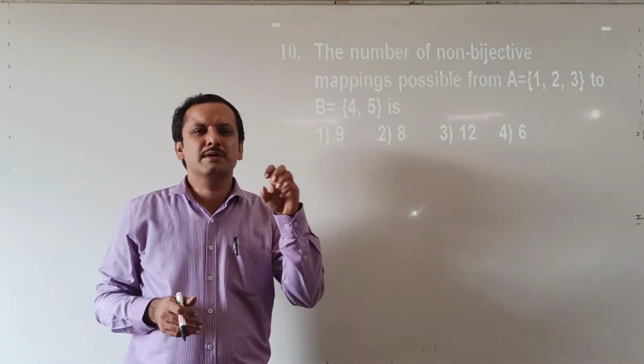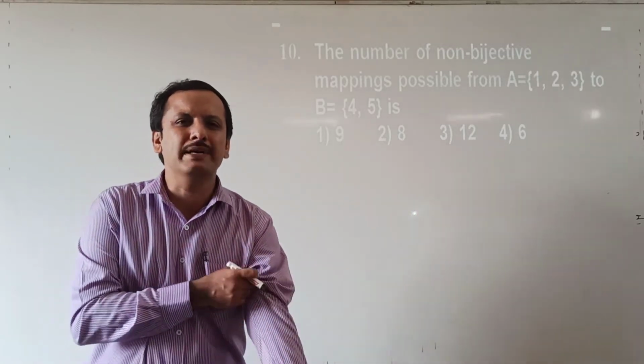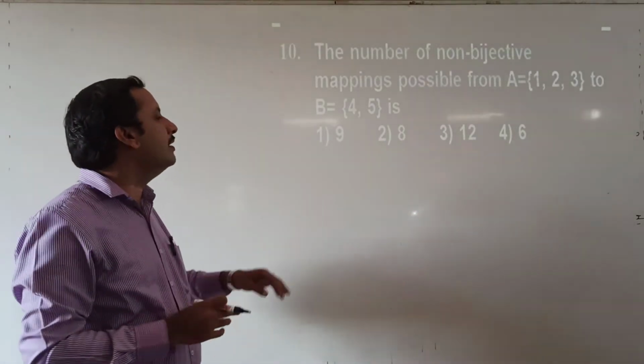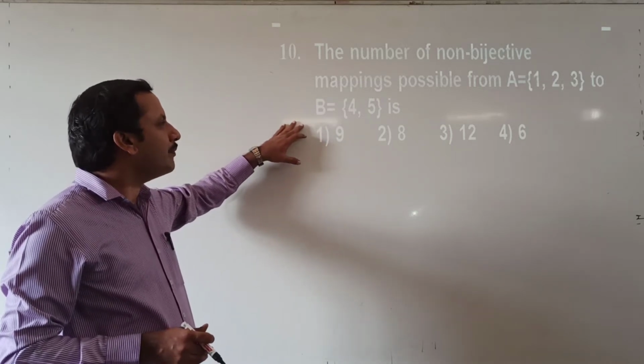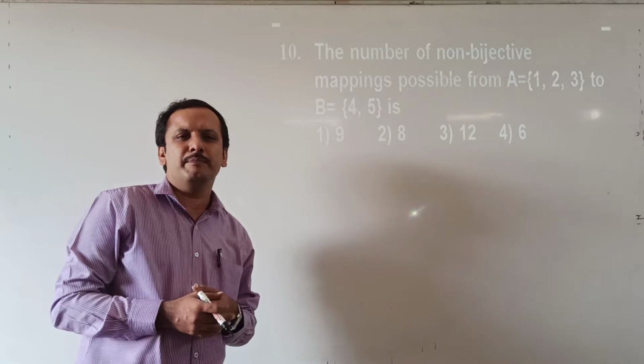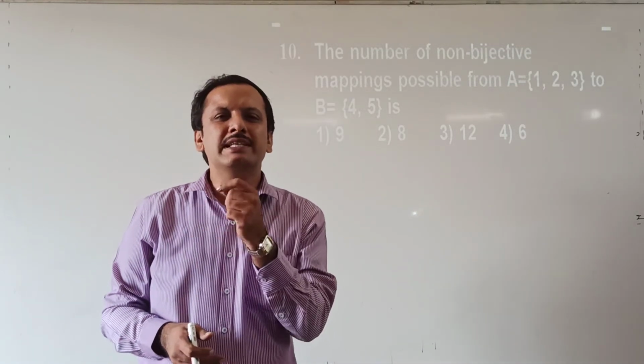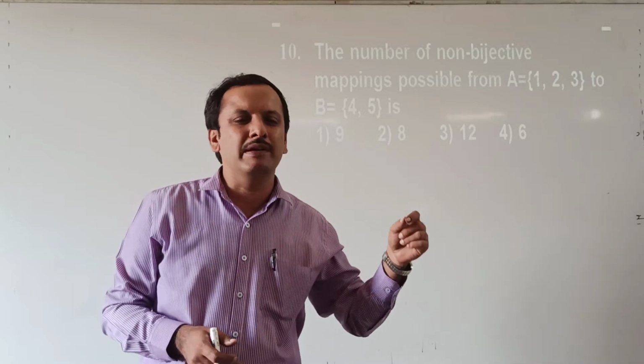Total number of functions minus the number of bijective functions will give us the number of non-bijective functions. Okay. So here, how many bijective functions? We can define a bijective function from A to B, provided the number of elements in A must be equal to the number of elements in B.